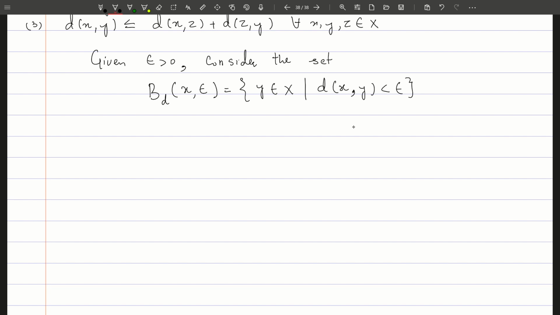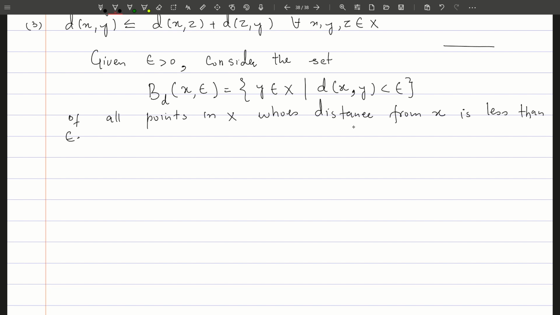So this is a set of all points in X whose distance from x is less than epsilon. This set is called the epsilon ball centered at x.